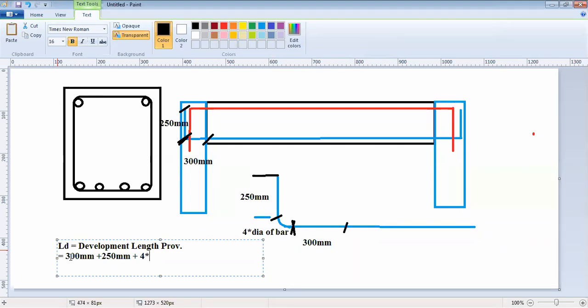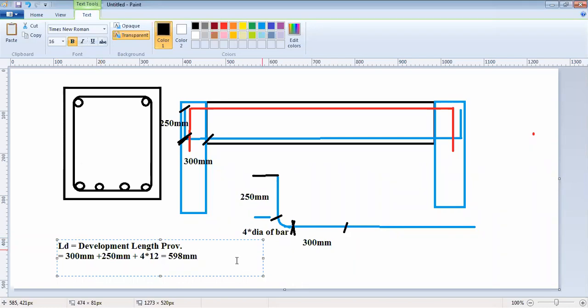We took a 12 mm bar. So this overall is 300, that's 550, and 550 plus 12 into 4, that's 598 mm.